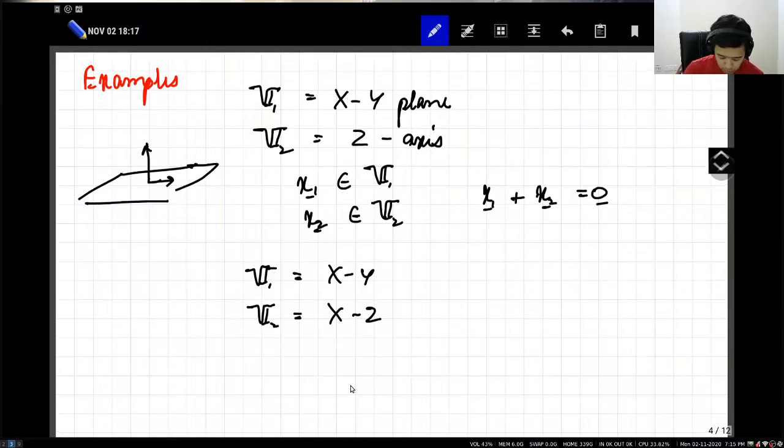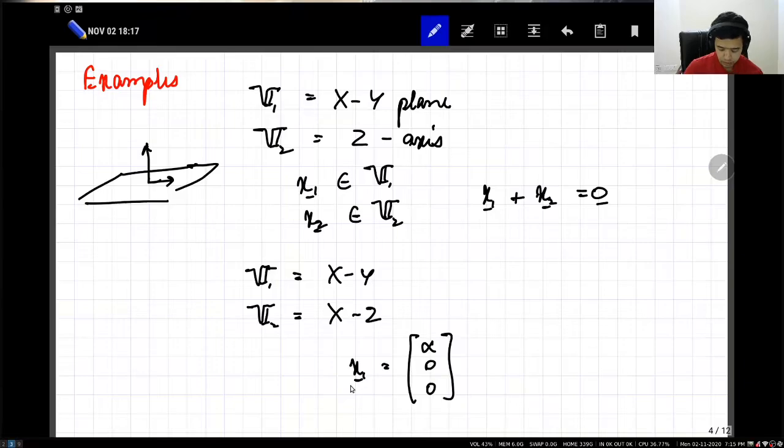For example, since V1 has to be in the xy plane, I can choose (alpha, 0, 0) to be x1. This obviously lies in the xy plane, and x2 to be equal to (minus alpha, 0, 0). Clearly this lies in the xz plane, but x1 plus x2 is equal to 0.